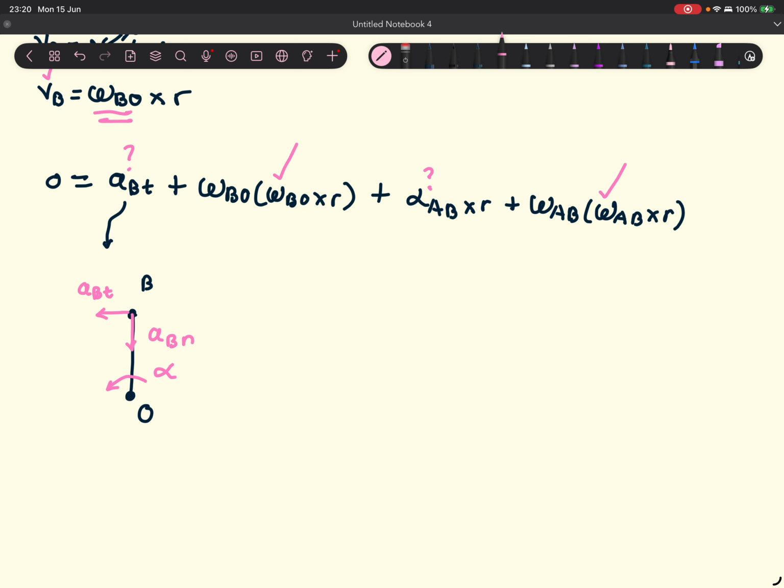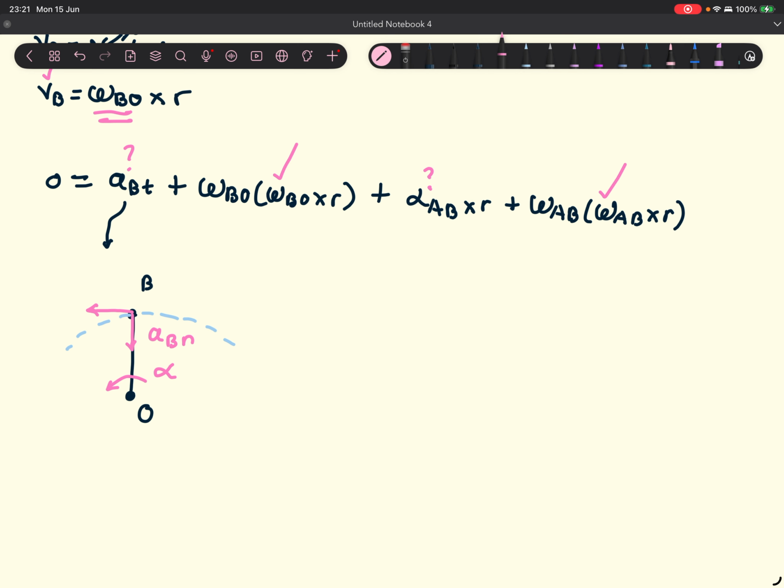So remember, normal always points towards the center of the circle, and then if we draw an arc, so if we draw that circular path that B is going to follow, you can see that the tangential component is tangent to the arc, which makes sense, right?